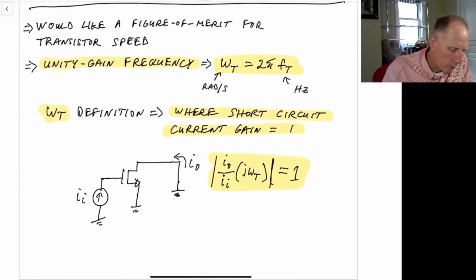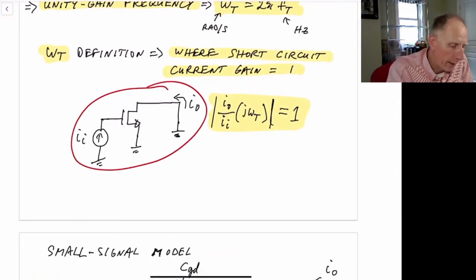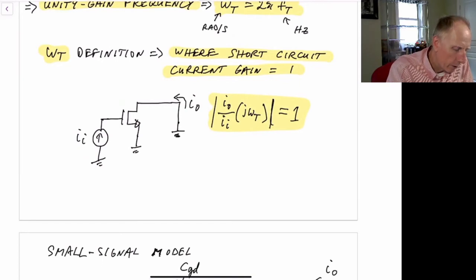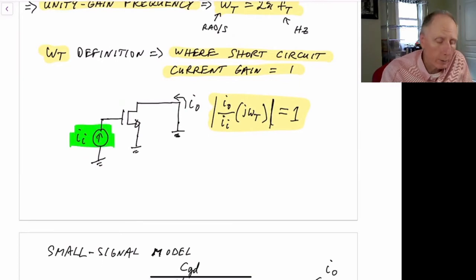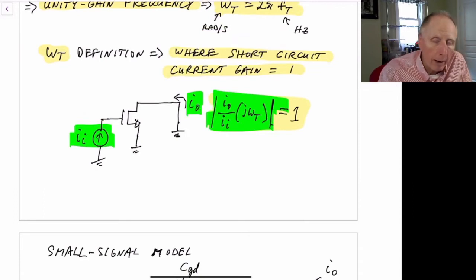So what we'd like to do is take a circuit like this, shown here, and we'll apply a current input, which is now a function of frequency. So this is I sub i, which is a function of s. We'll look at the output, which is also a function of frequency. And we'll look at the ratio from I out to I sub i, the input current, as a function of omega.